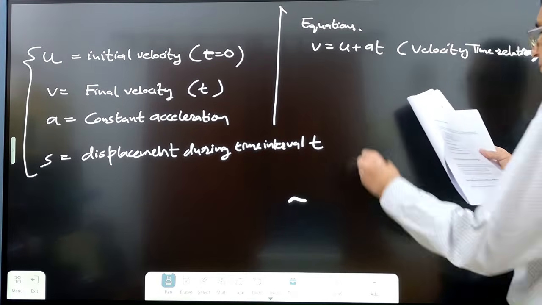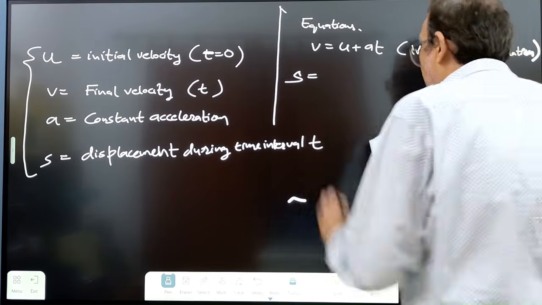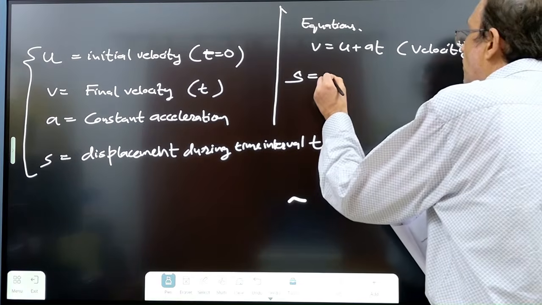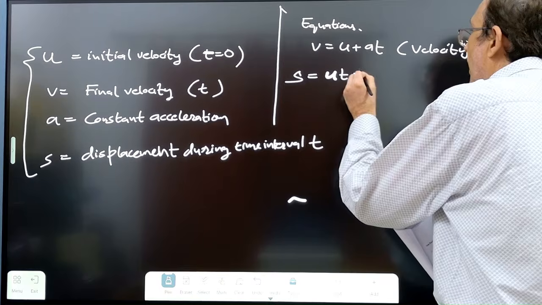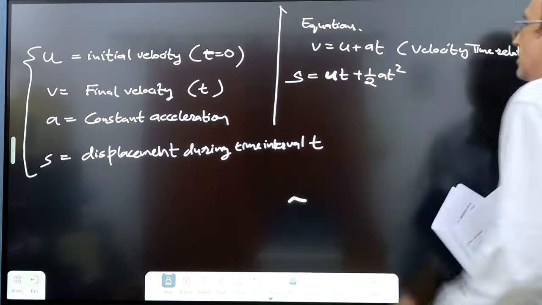Then you have s is equal to ut plus half at square.